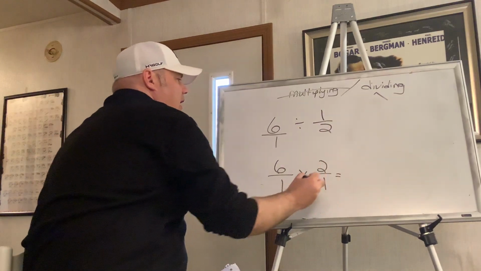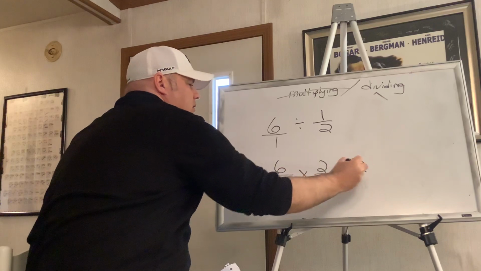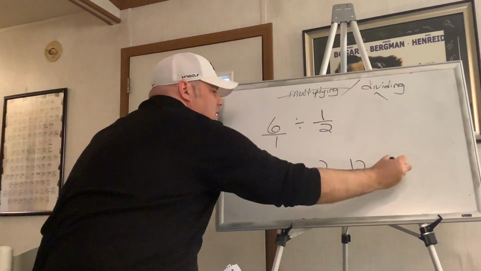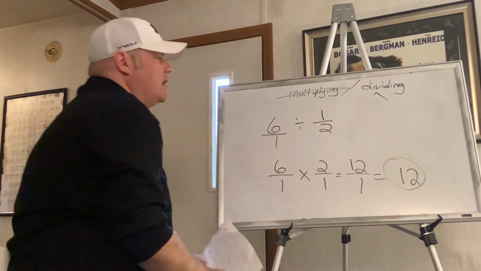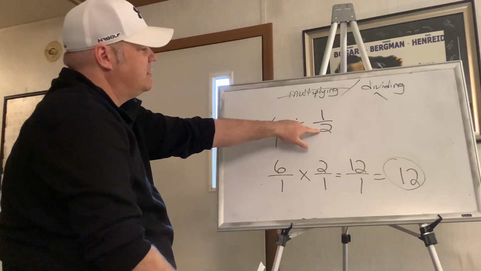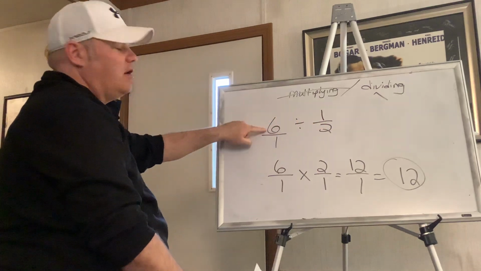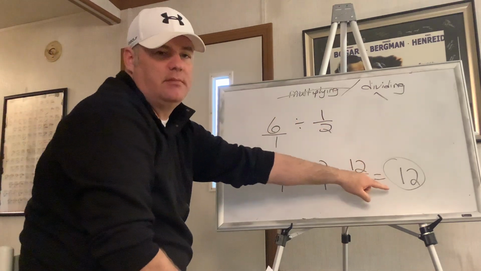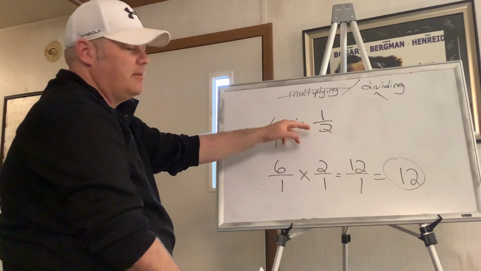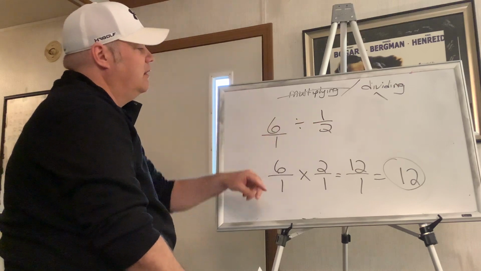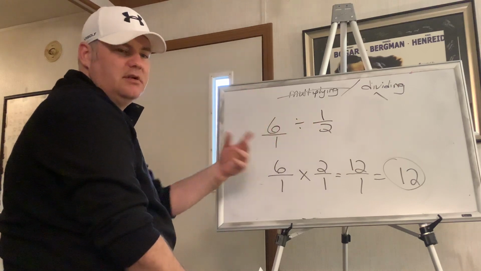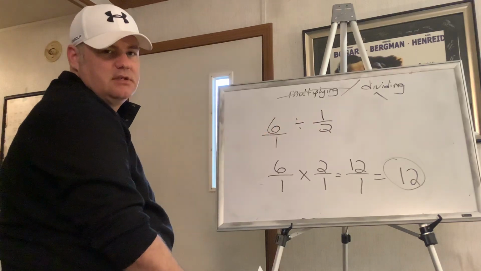Now multiply the tops, multiply the bottoms, 12. Think about that. How many halves fit into 6? How many 50 cents fit into a whole $6? Well, there's 12 of them. 50 cents is 1, 50 cents is 2. So there's 12 of those in 6.